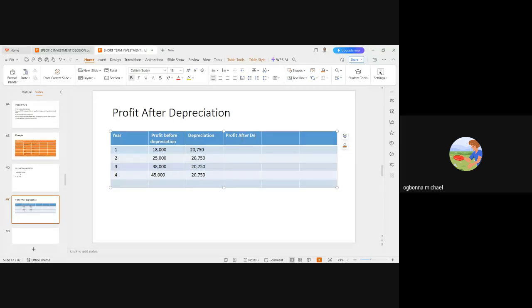Negative of 2,750. This will be cost of 2,750, and this will be what? And this will be 4,000.